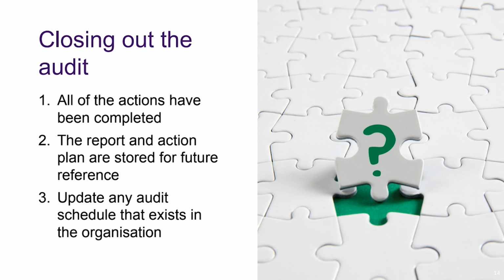It might be that in the process of having a look at how things needed to change in the organisation, you've identified some more risks for the organisation, and so you again might tweak your audit schedule to make sure that you're picking up on all of those risks that you've identified throughout the process. So often what you're going to find is that the actions from your audit will then impact your future audit schedule.